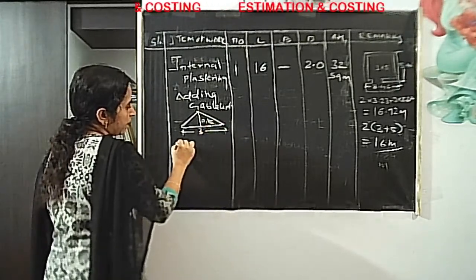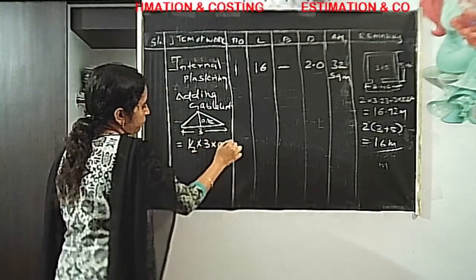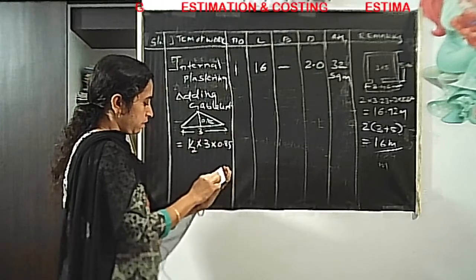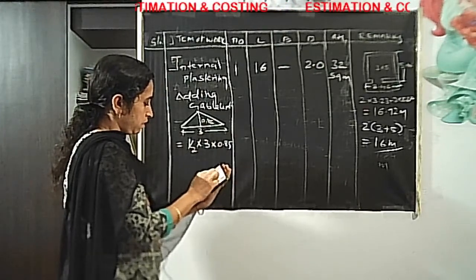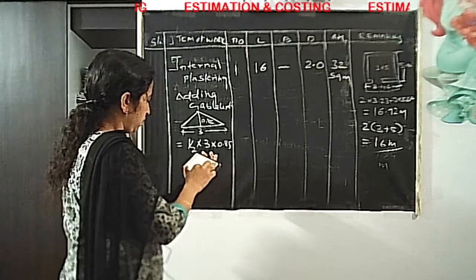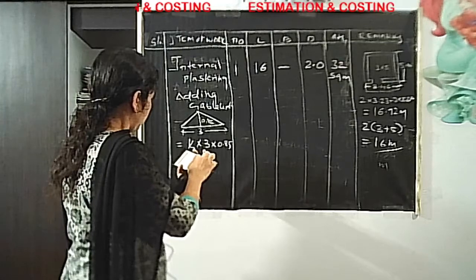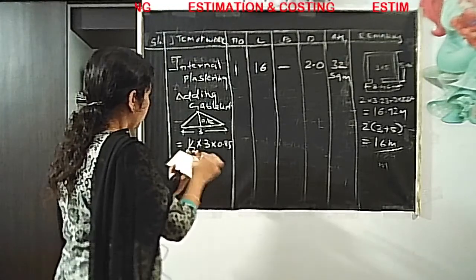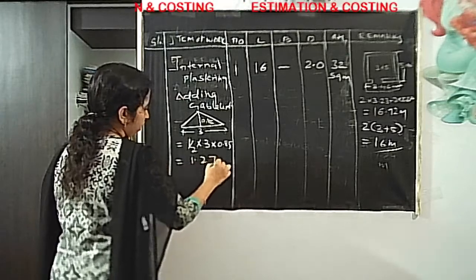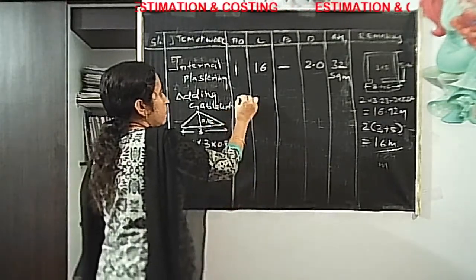Here the area of the triangle is half into 3 into 0.85. That is equal to 1.275. So again you have the two gable walls.